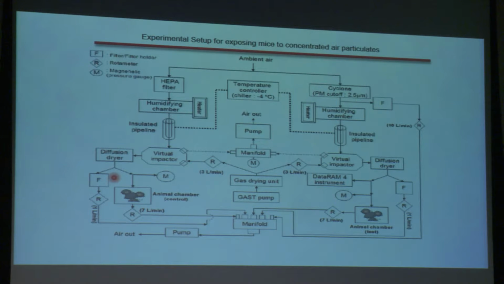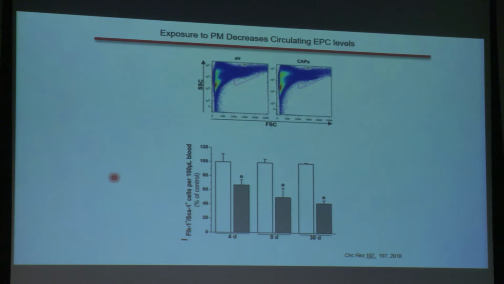And what we saw in humans is what we saw in mice as well, that there was a decrease in the endothelial progenitor cells as a function of exposure, suggesting that this is not a freak association from a rather badly confounded human study, but that it seems to be a genuine phenomenon that exposure to polluted air, particularly PM, would decrease the levels of endothelial progenitor cells.